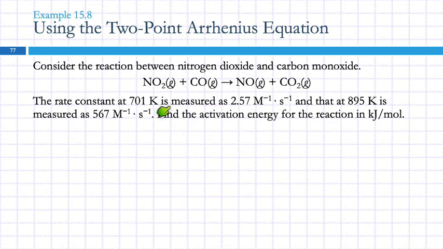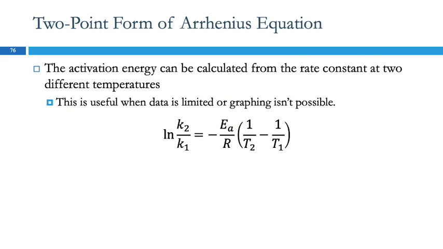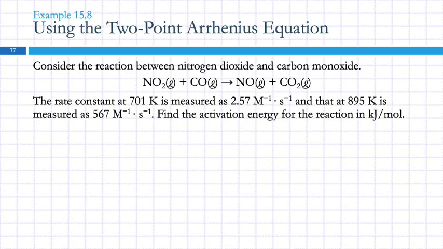So here what we have is two sets of data, and we want to find the activation energy. So I kind of got ahead of myself. Over here, if you know what the activation energy is, you can find one of these other variables. If you know these other variables, you can find the activation energy. So here we're doing that.